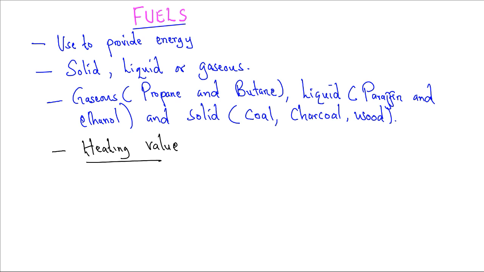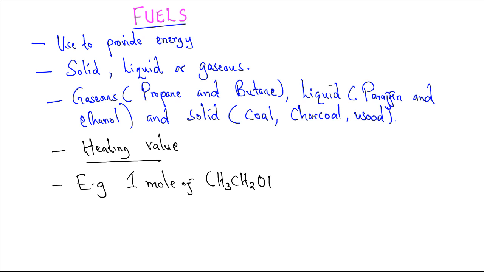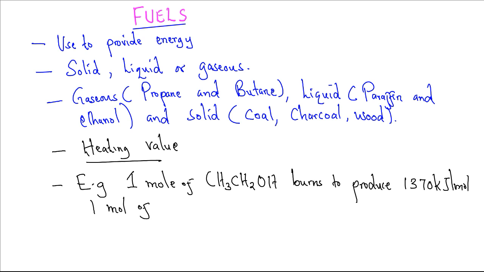For example, one mole of ethanol burns to produce 1370 kilojoule per mole. 1 mole of ethanol has a mass of 46 grams.